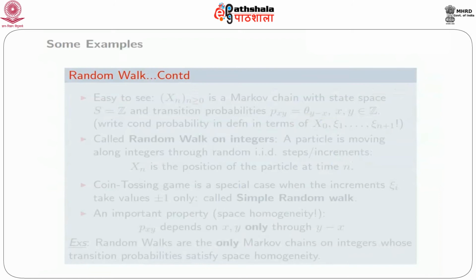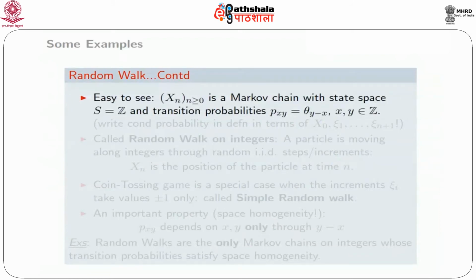We continue with random walk. One can easily see that Xn is a Markov chain with state space, of course, integers, S is Z, and the transition probabilities are easy to see. They are given by Pxy equal to theta y minus x. That's because Pxy is the probability that Xn plus 1 would be y given Xn equal to x.